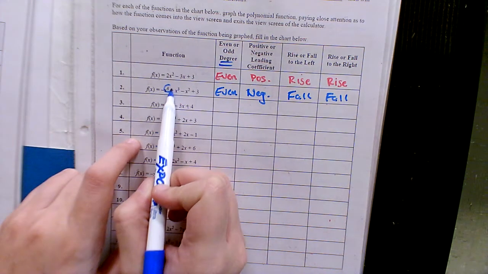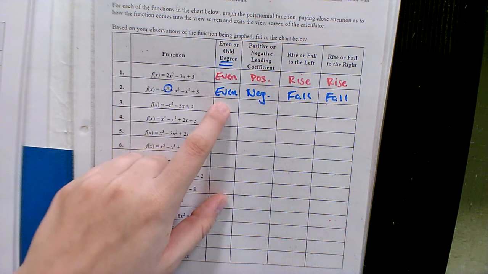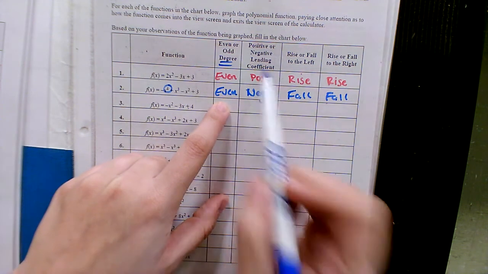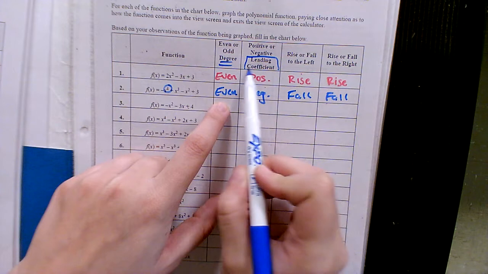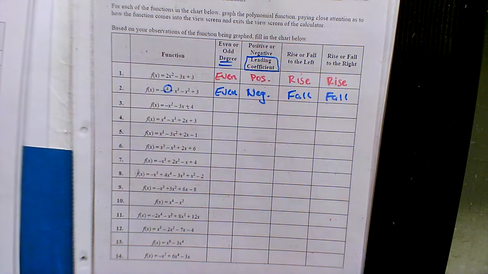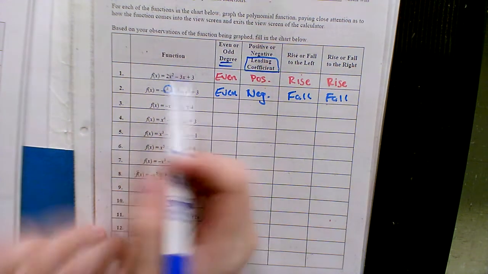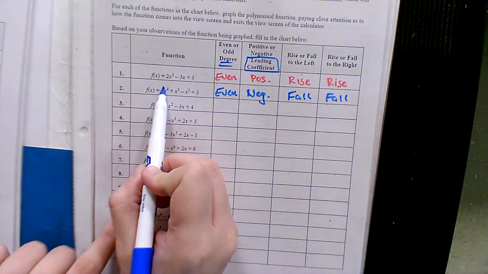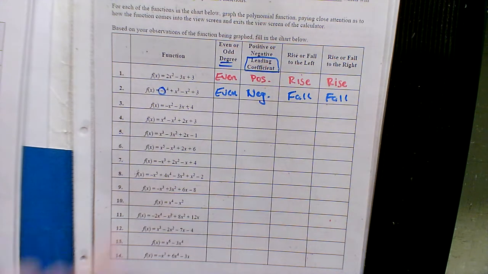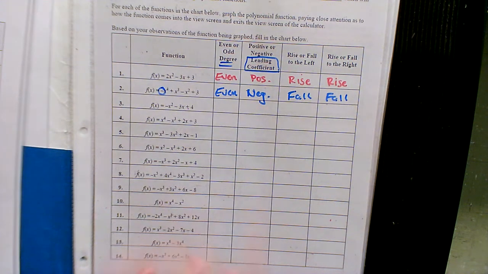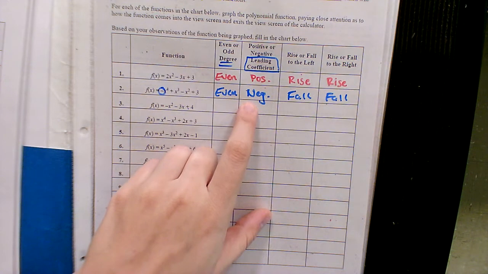In this case, that was a degree of 4, so that's an even number. We then took a look at the leading coefficient. What is the number in front of that x to the 4th term? Based off the equation, we have a coefficient of -1, so it's a negative number.